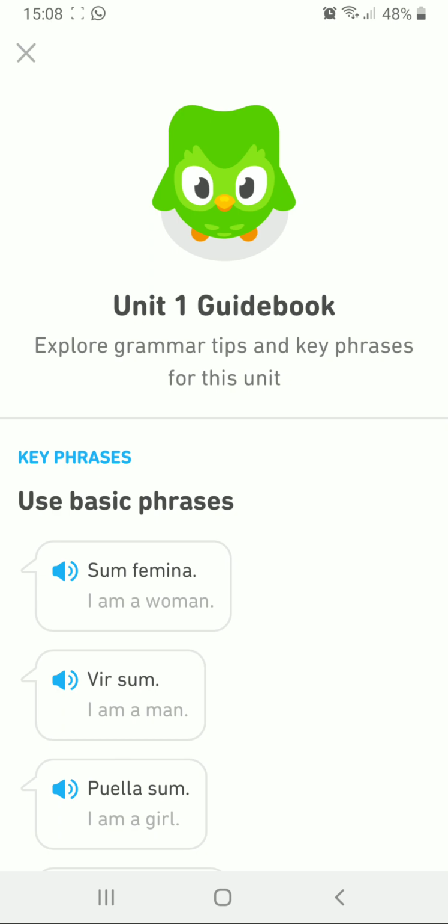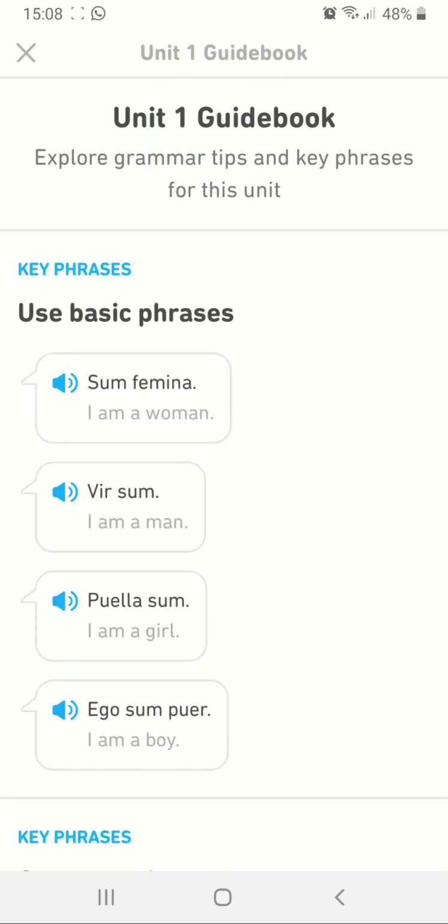Okay, so what we saw during the first three lessons, we saw some basic phrases and some basic words like femina, vir, puella, and so on. Puer is boy, puella is girl, and vir is man, and femina is woman.